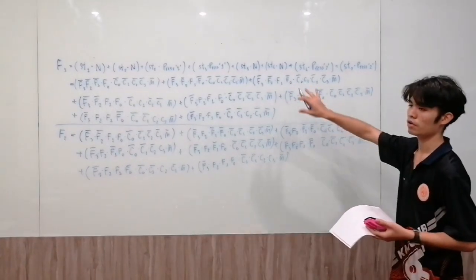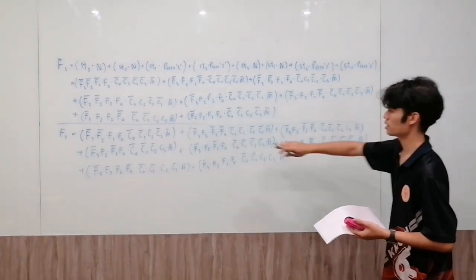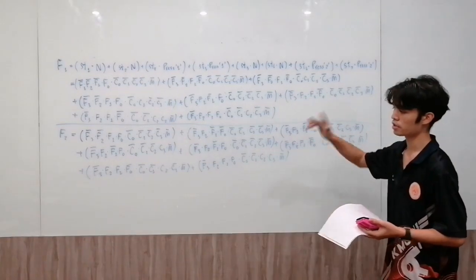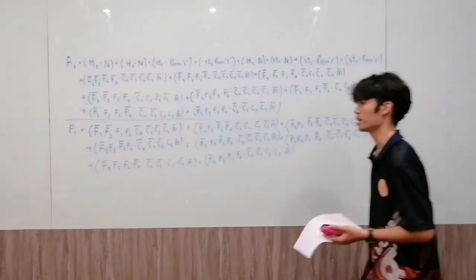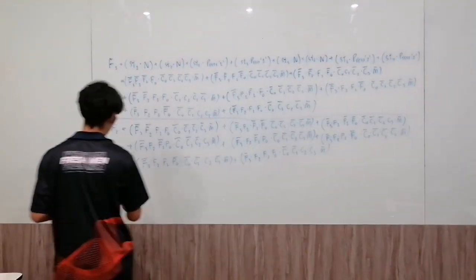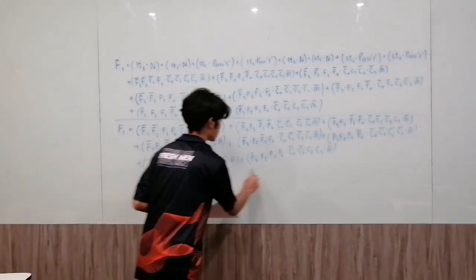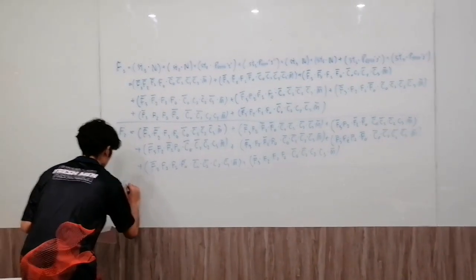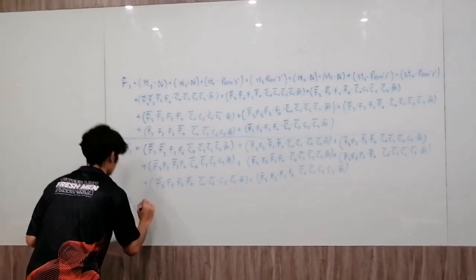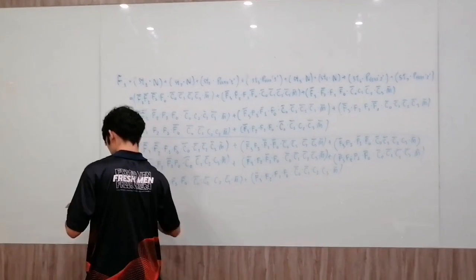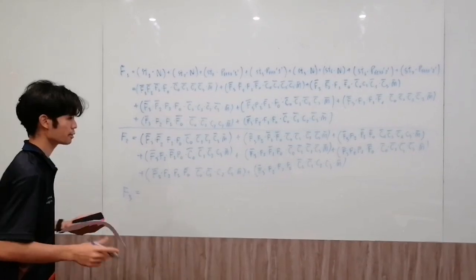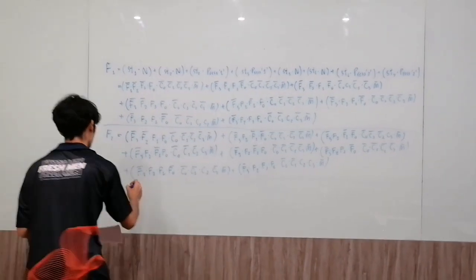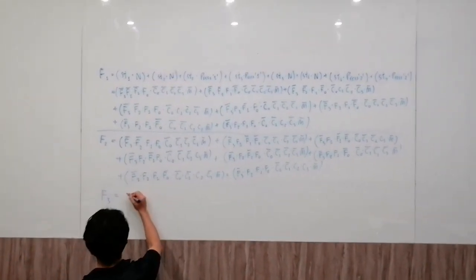This is all of the equation of flip-flop number 2, and the last, flip-flop number 3. From the state table, we got the state.